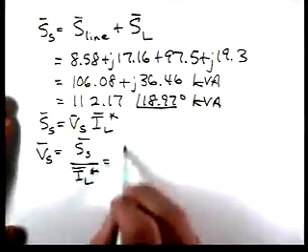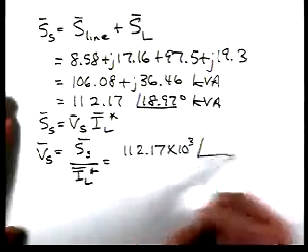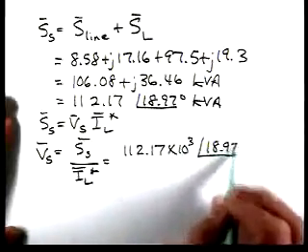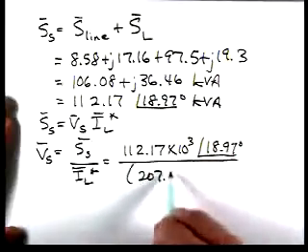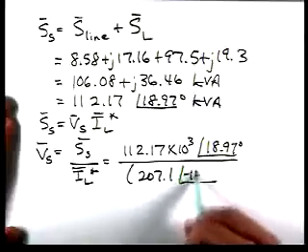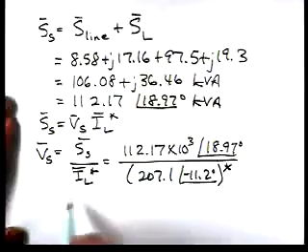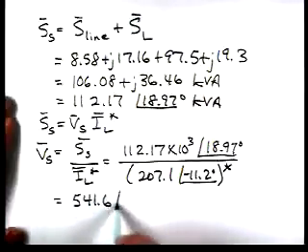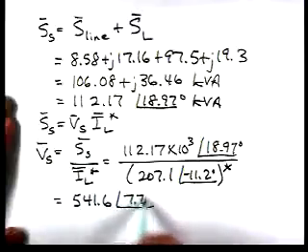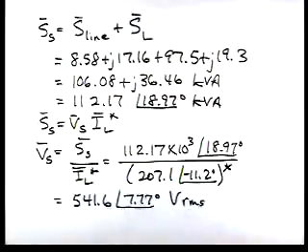So we have 112.17 times 10 to the third at an angle of 18.97 divided by 207.1 at an angle of minus 11.2. Take the conjugate. So this is 541.6 at an angle of 7.77 degrees volts RMS. Notice we had volts RMS when we started, so all the calculations are done in RMS.